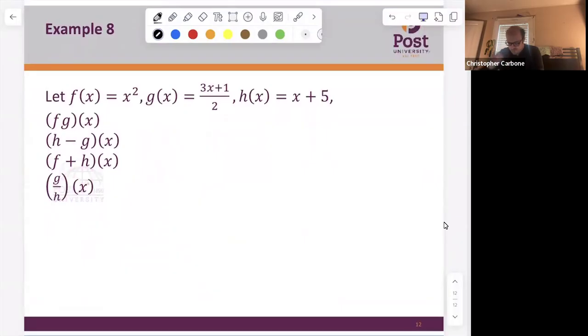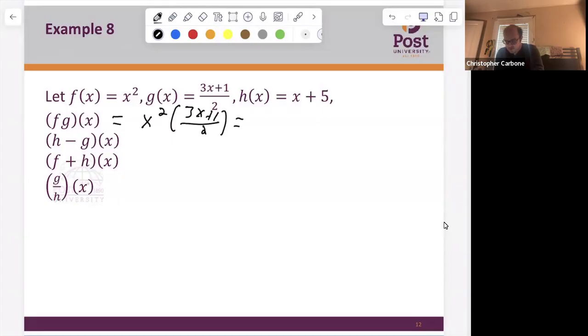And number 8, f of x equals x squared, g of x equals 3x plus 1 over 2, and h of x equals x plus 5. We want to do these operations. So f times g of x would be x squared times 3x plus 1 over 2.